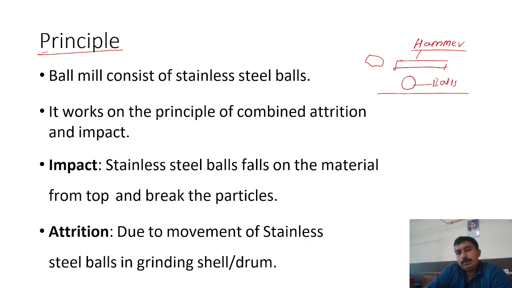So here, suppose this is one stainless steel ball and this is powder material. This is one powder particle. So what will happen? The stainless steel ball falls on the powder particle and results in a breakdown of the powder particle into fine powder particles like this.